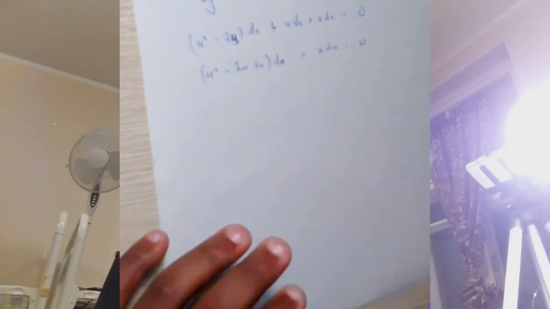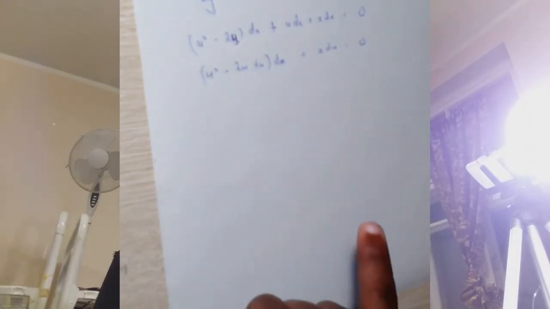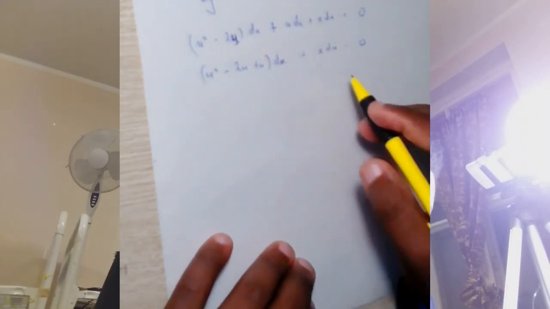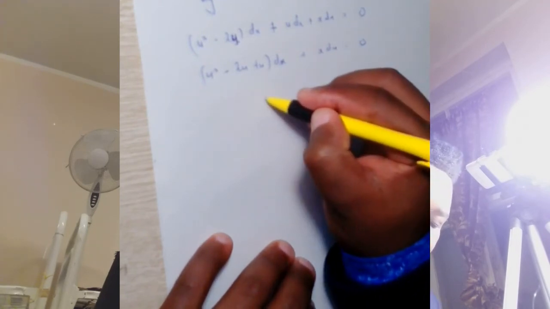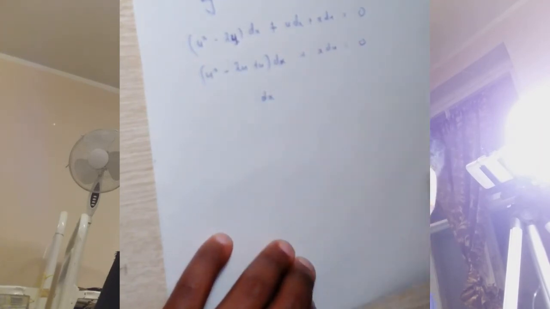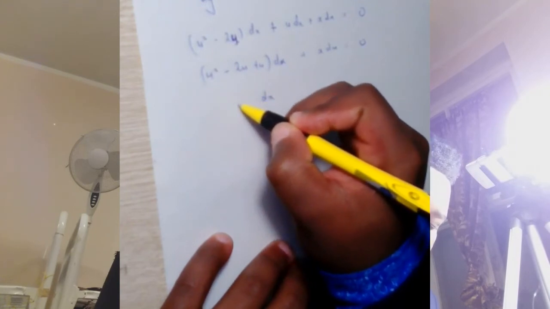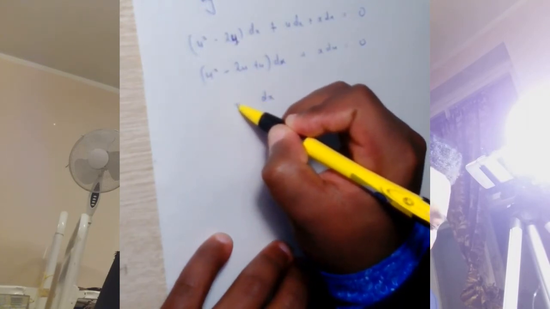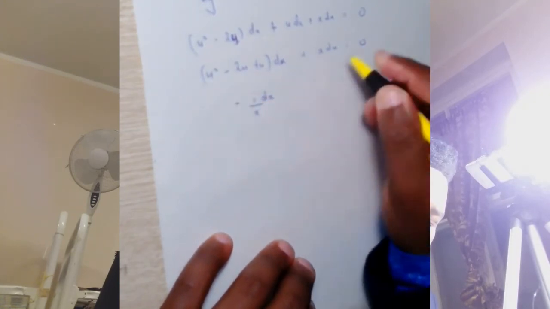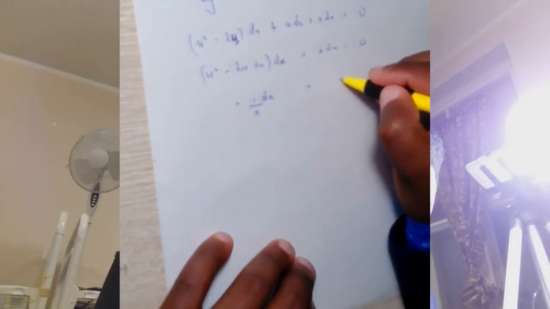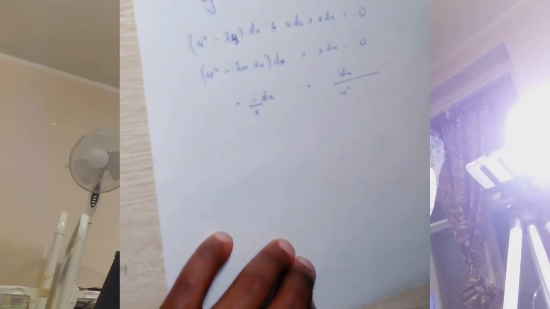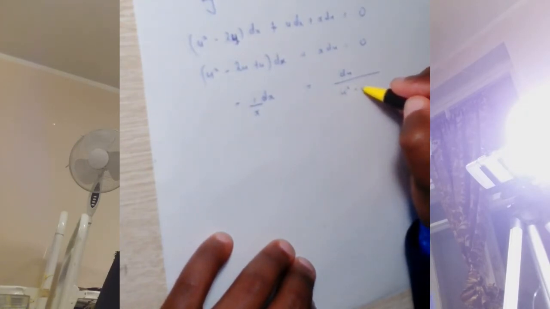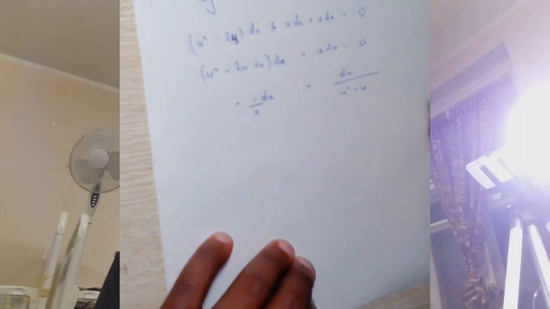And now it's simple. I can split these variables, and on the left side I'll be left with dx, then multiplied by negative 1 over x is equal to du divided by u squared minus u.